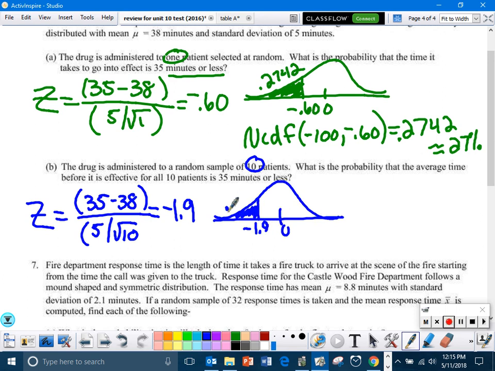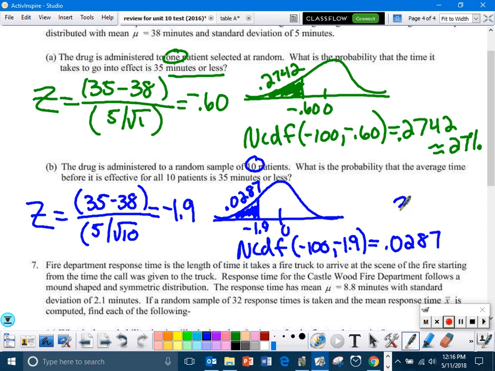That's going to give us a 0.0287 from the table. Which is about 3%.